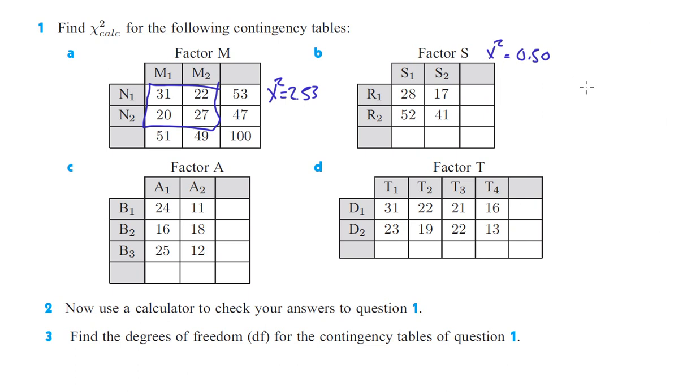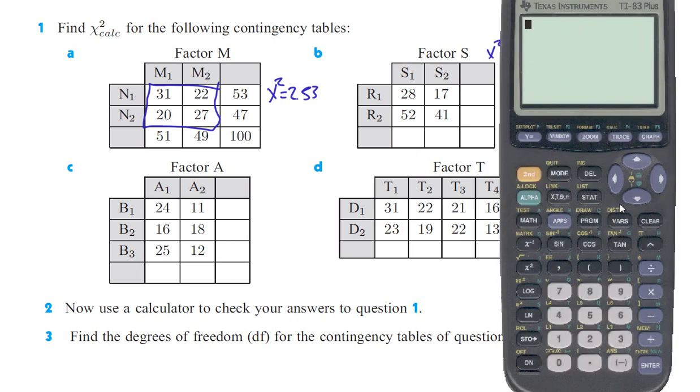Okay. Next one here. Back into stat. Oops, sorry, we're going to edit. Matrix, go over to edit, and this is 3 rows by 2 columns. So 3 enter, 2 enter.